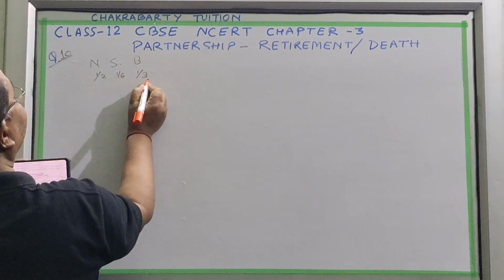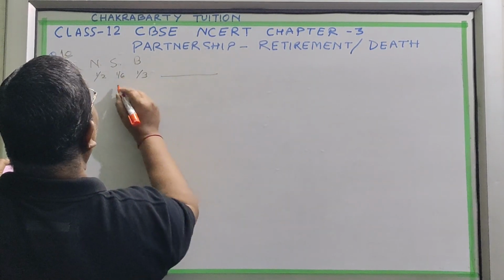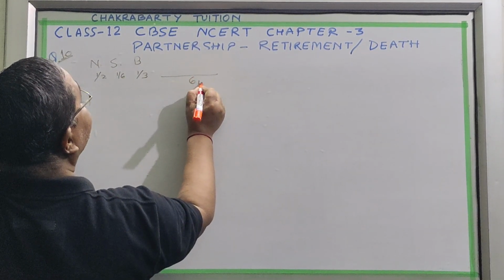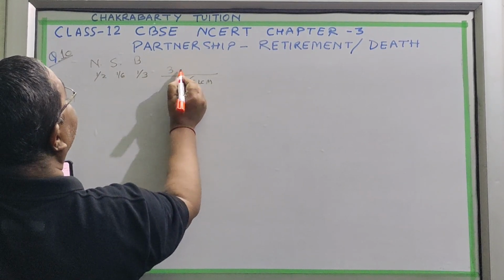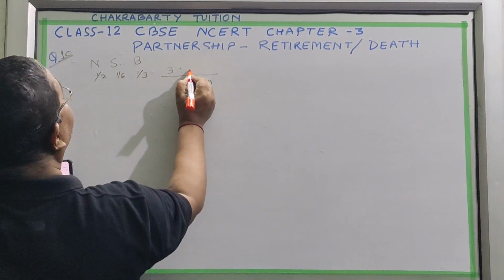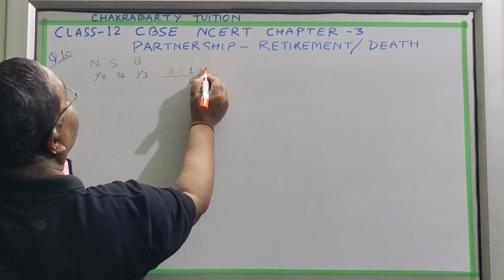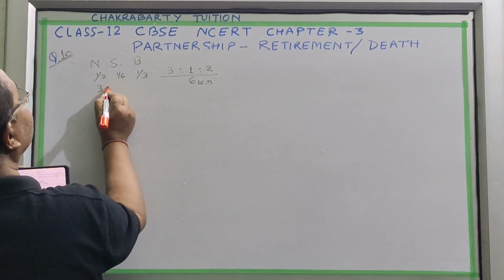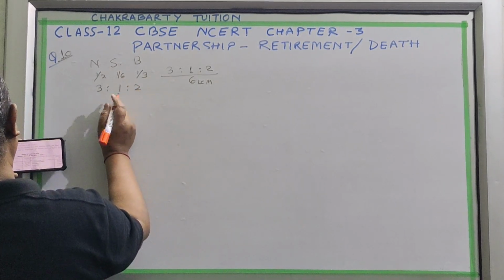We will convert it into a ratio. For making it in a ratio, we have to first take the LCM. LCM is 6. So 6 divided by 2 comes to 3, 6 divided by 6 it will come 1, and 3 twos are 6, so it will be 2. So their old ratio was 3:1:2.